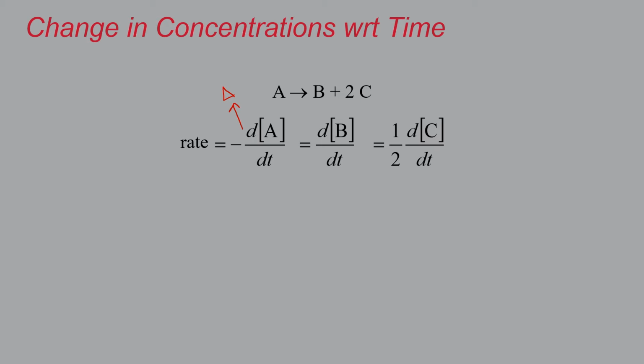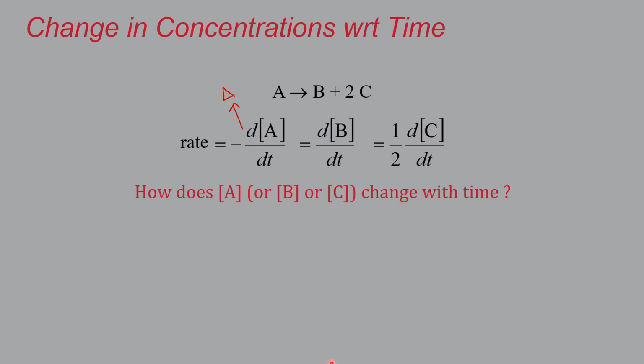We developed a formalism that allowed us to describe the rate of a reaction in terms of the concentration changes. And this formalism of putting a negative sign in front of the reactants and dividing by the coefficient makes sure that we get the same actual rate regardless of which species we use.